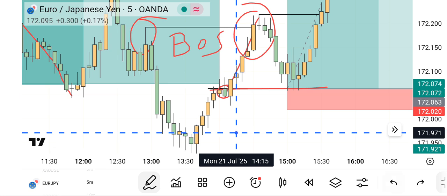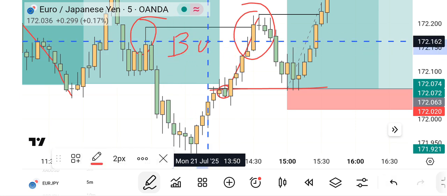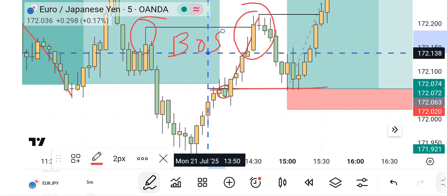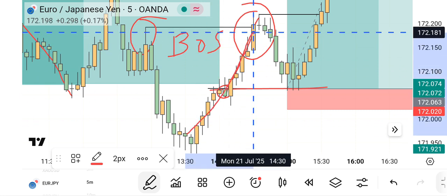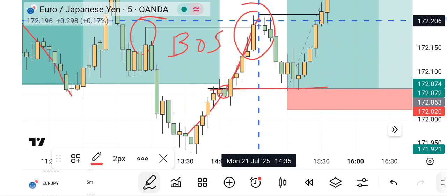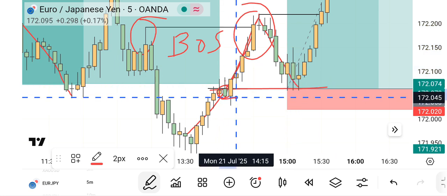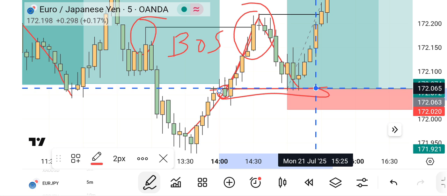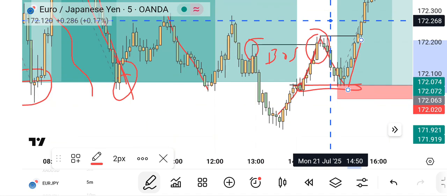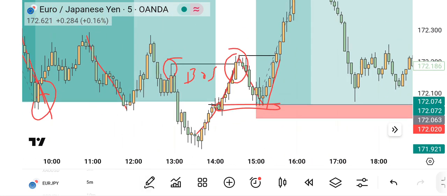After this break of structure, the price broke the structure and I was expecting a pullback, a retracement move to this zone, before the push to the upside. Some say it's a sniper move, a flipping zone.